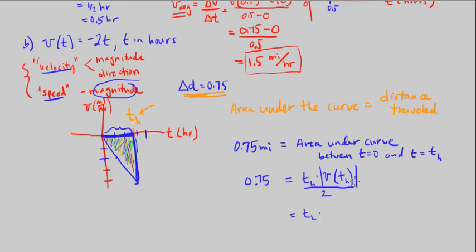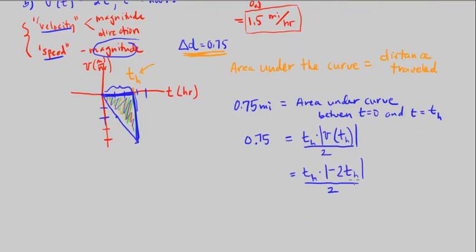So I'm going to put an absolute value around that because we don't care if it's negative or positive, we just want to know how fast he's going, right? So I'm going to multiply that by the absolute value of 2 T sub H, divided by 2, right? The absolute value of negative 2 T sub H is just going to be positive 2 T sub H.